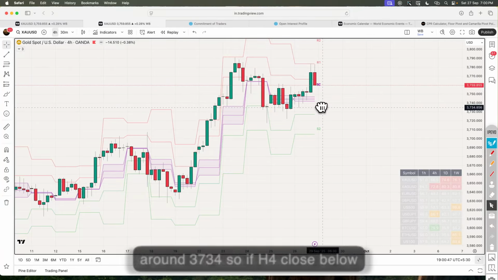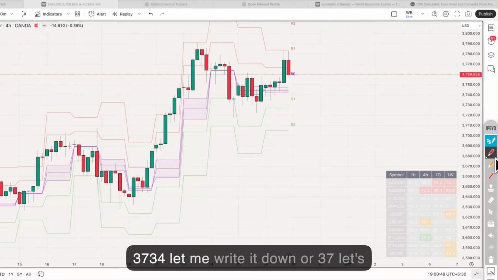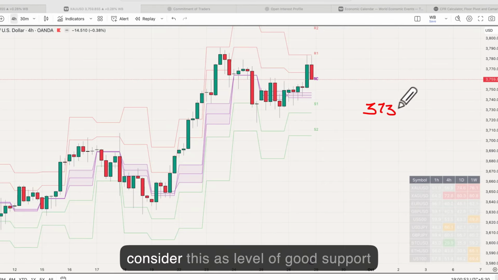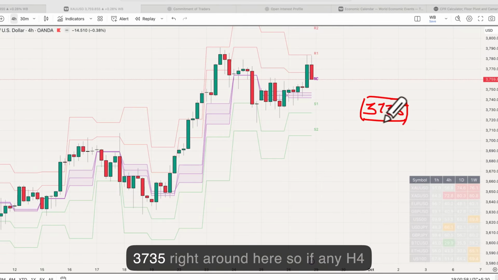So if H4 closes below 3734, let's consider 3735 as a level of good support, right around here.